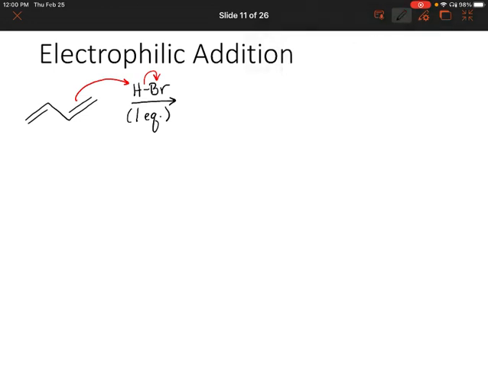Before I draw the product, what side will hydrogen add to? The more substituted side or the less substituted side?